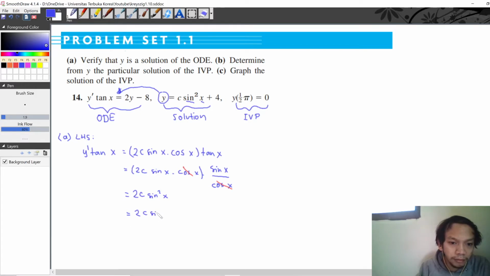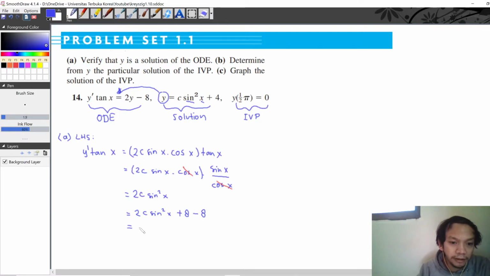So we need to add something, because this is 2c. If you multiply this y by 2, we will have 2c sine squared x plus 8, right? So that is it. But this is not the same as before, so we need to subtract 8 from here. Okay, I hope that's clear to you.